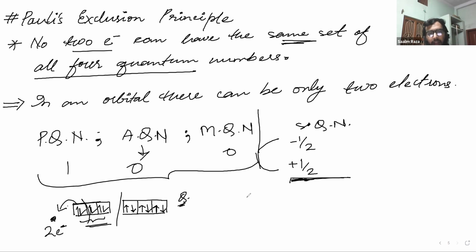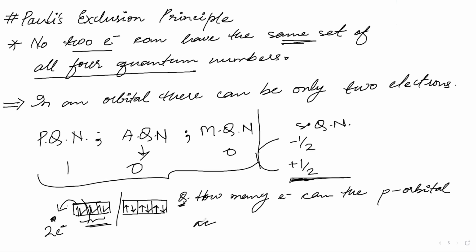So if somebody asks you how many electrons, I have asked this question previously also. I'm just changing the subshell. How many electrons can the p orbital accommodate?